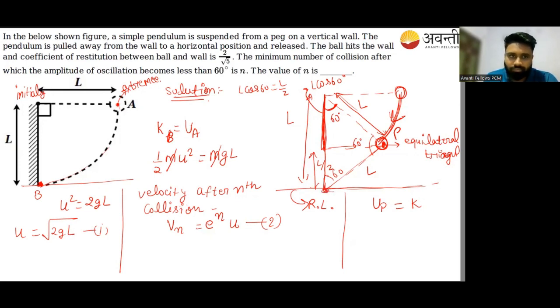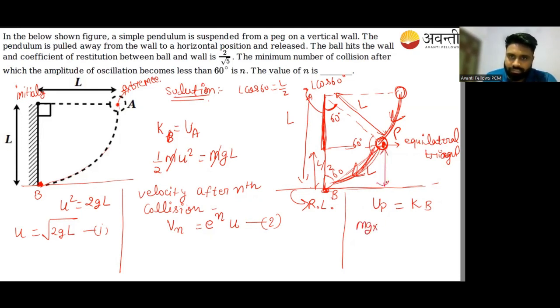Let's say this point is B again. Now it is going like this because the amplitude is decreasing. So here the potential energy at point B will be mg into the height above the reference line.